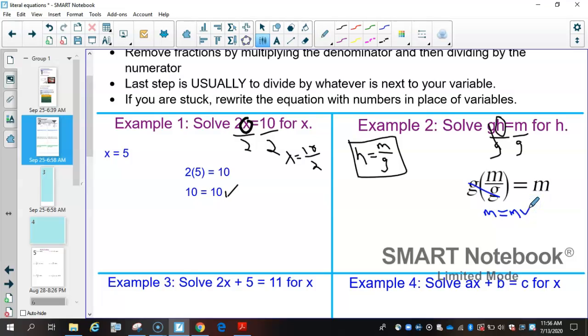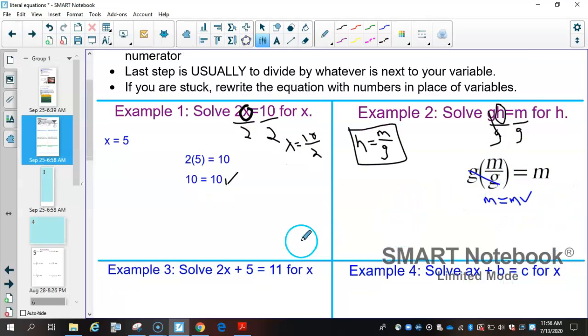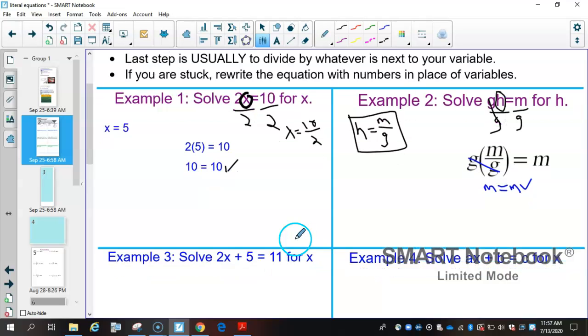Which, even though I don't know what m is, m will always be m no matter what I put in it. So if I put 5 on this side, 5 has to be on this side as well, if that's what the value of m was. So that does work. Hopefully this is starting to make sense, but we are going to do some more examples together.